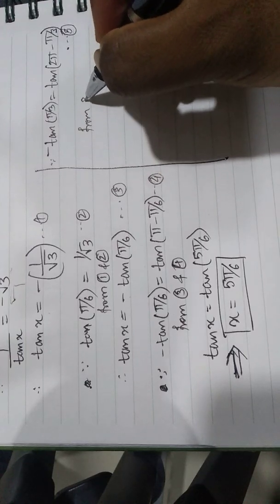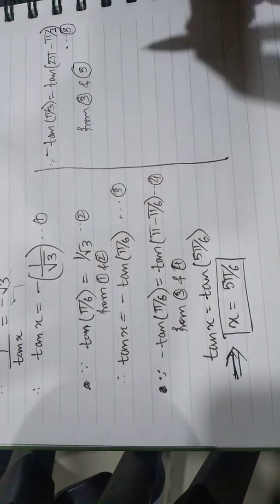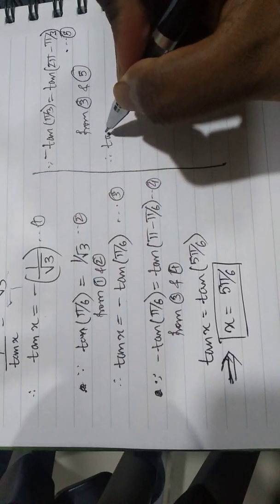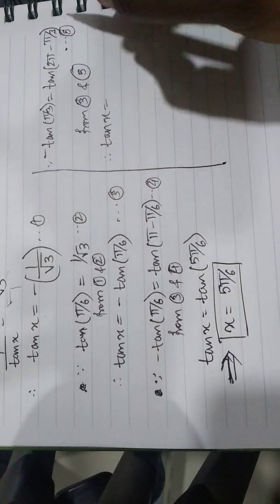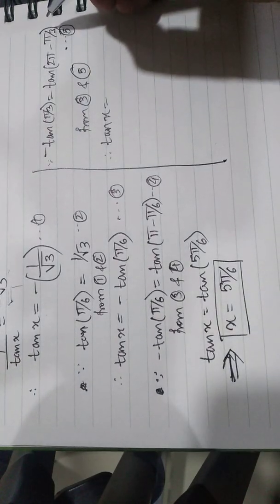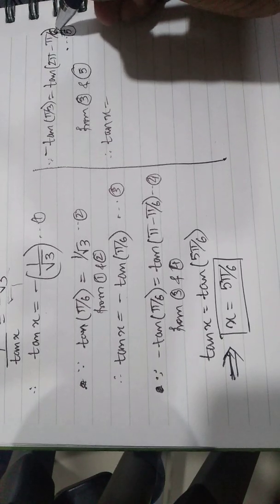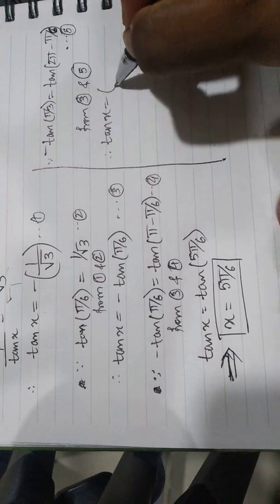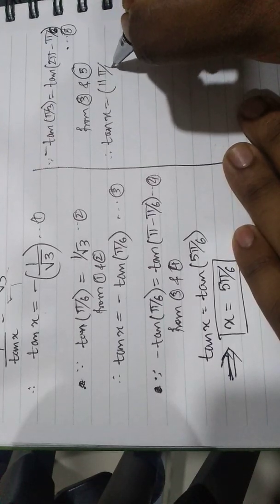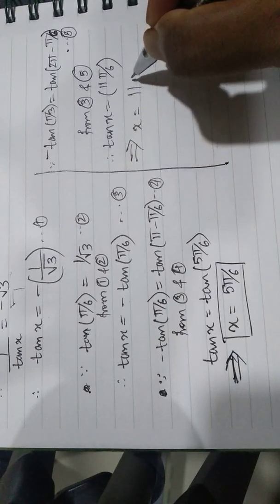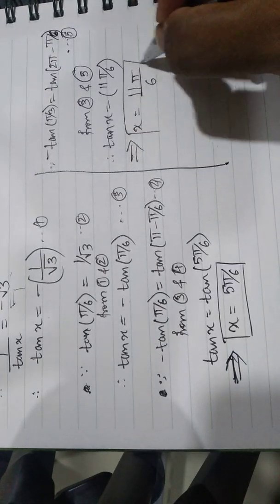So from 3 and 5 you will get tan x equal to, solve this part, 12 pi minus pi is 11 pi. So this becomes 11 pi upon 6. So this implies x equals 11 pi upon 6.